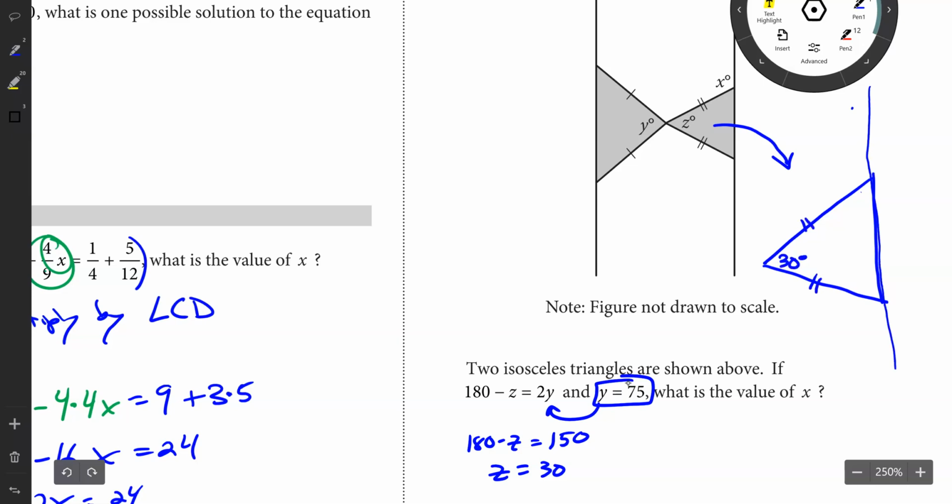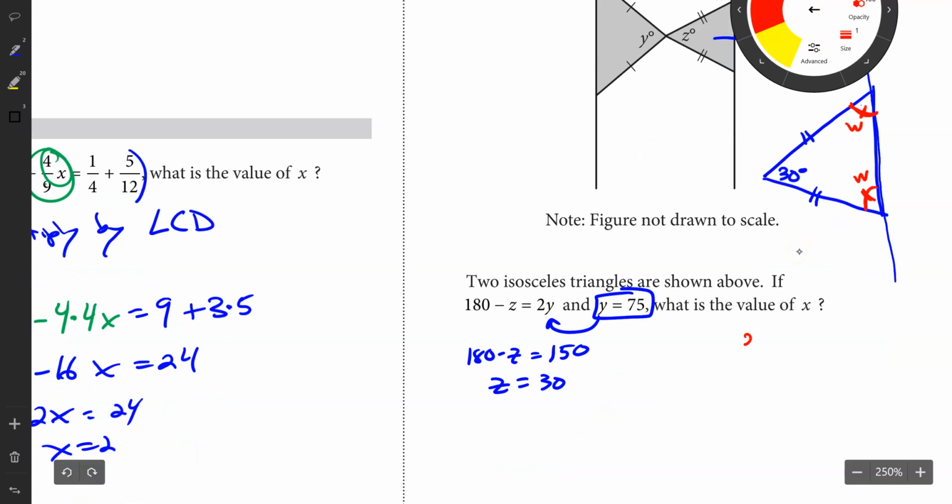And if this is isosceles, okay, that means that these two remaining angles are going to be congruent. So let's call them w and w. Okay, so we know for a fact that 30 plus 2w equals 180 because that's a triangle. The angles add up to 180.